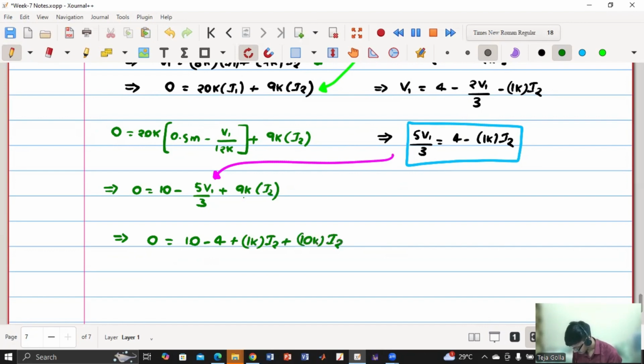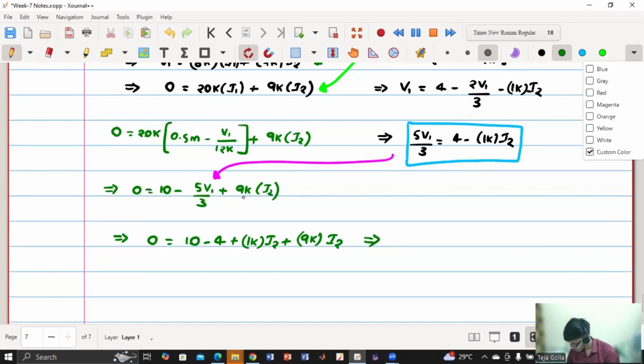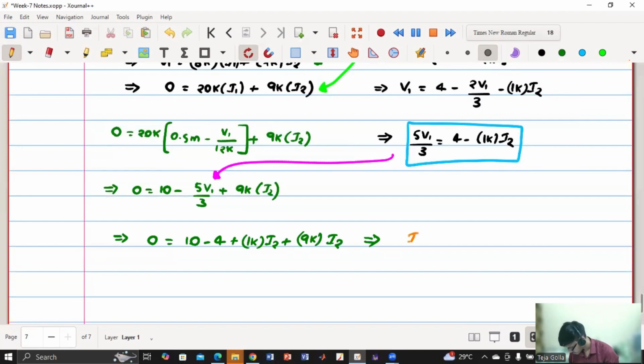So from this, can you tell me what is the value of I2? So I have to get basically one equation in terms of I2. I have eliminated V1, I have eliminated I1. So can you tell me what will be the value of I2 if you solve this?